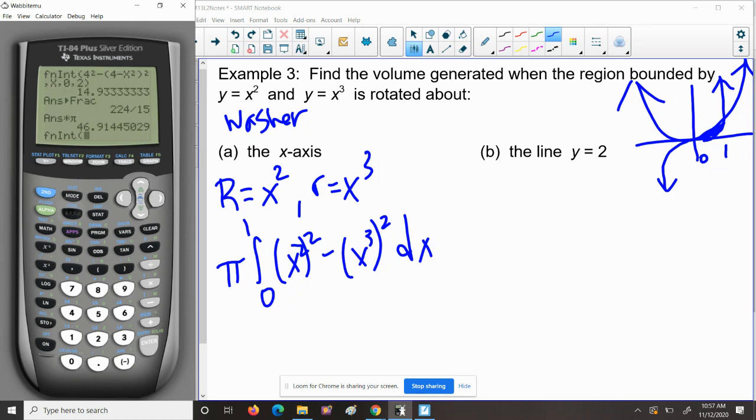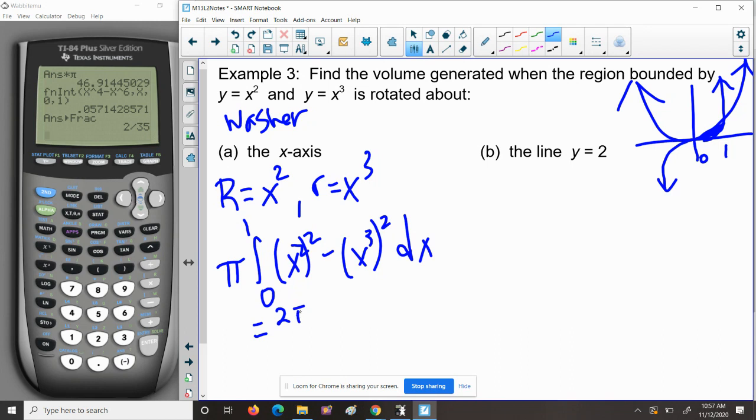Okay, so that's going to be x to the 4th minus x to the 6th. Just go ahead and simplify a little bit. You don't have to do that, but I think that goes in a little bit faster. From 0 to 1. And that gives us 2 over 35, and that's times pi.